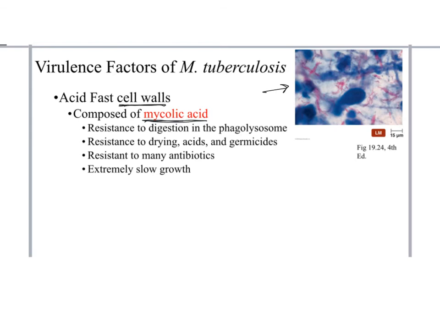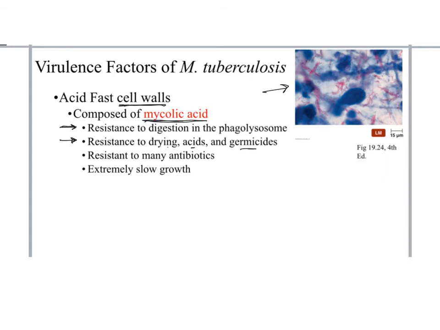So what role does that specialized cell wall play? We know that it helps them resist digestion when they are phagocytized by macrophages. Outside of a host in the environment, they're much more resistant to drying out or exposure to acid or any kind of disinfectant.